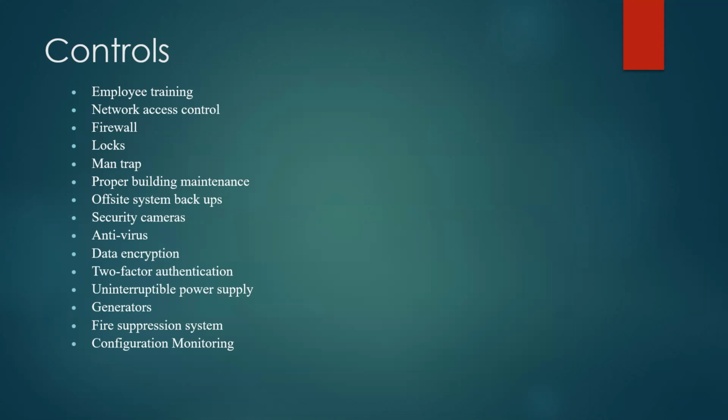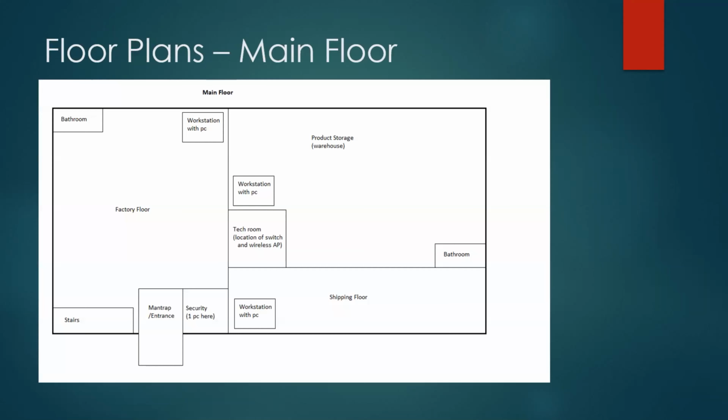The controls in place. The first one is employee training, because usually a person is a company's weakest link when it comes to security. They click on a bad link or open something they shouldn't, or even leak information. There are network access control protocols, firewalls, locks, man-trap, building maintenance, etc. And then I do have the floor plans of them as well.